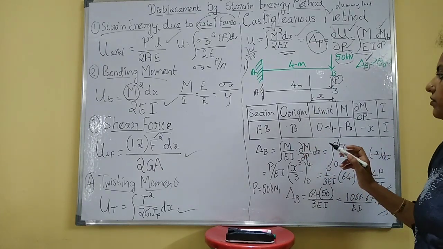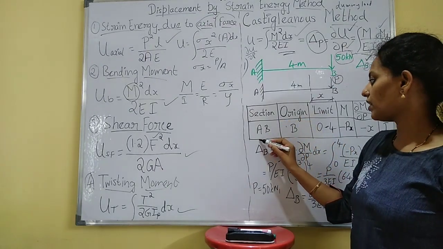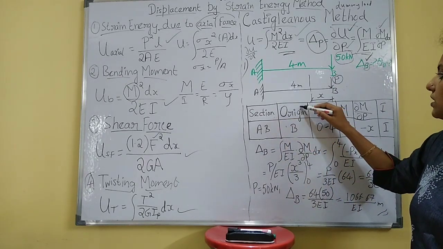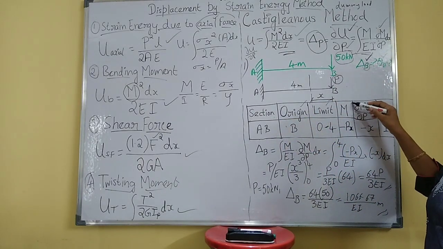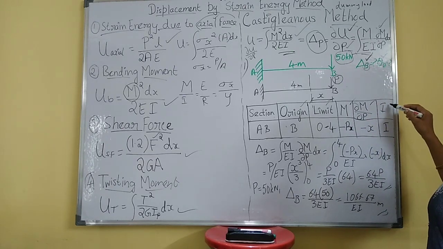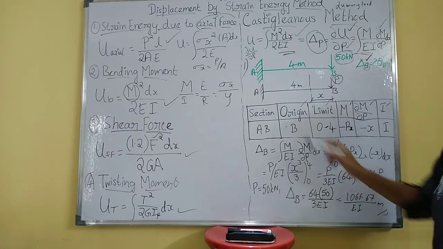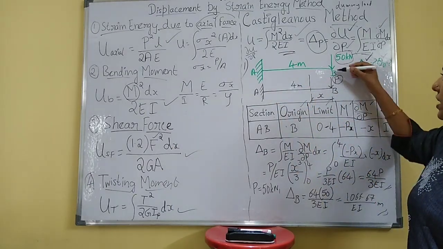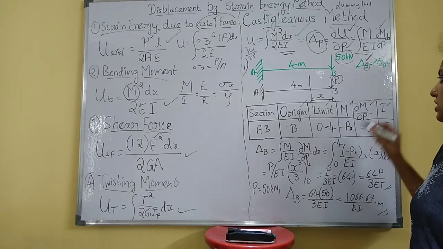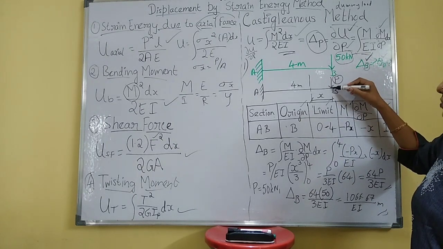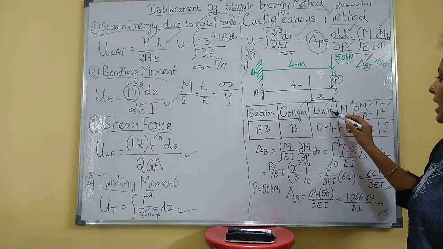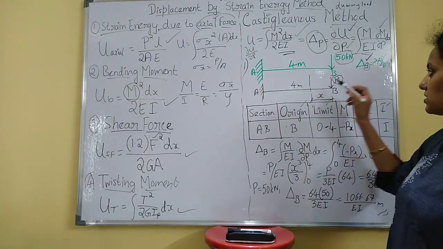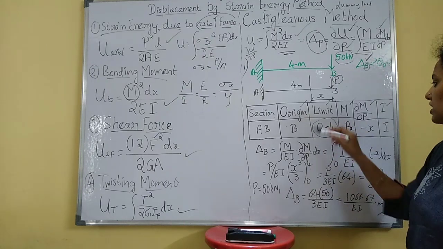The first column is the section. Next you write origin, limit, M, dou M by dou P and I. Section is nothing but your member name, that is AB. Origin is where you want to find the differentiation, that is point B, so origin is B. And the limit is your distance, that is 0 to 4 meter.